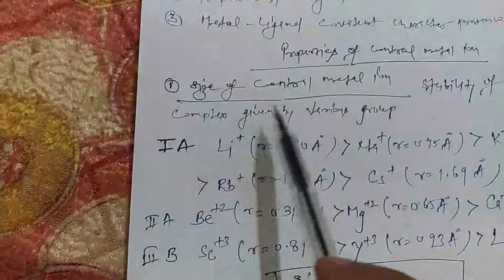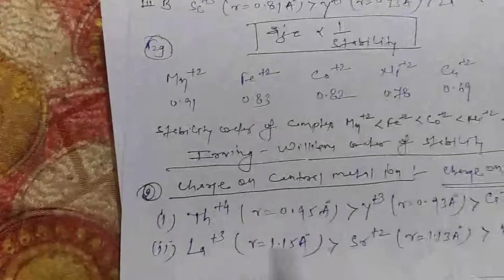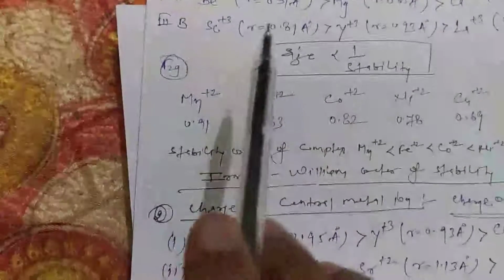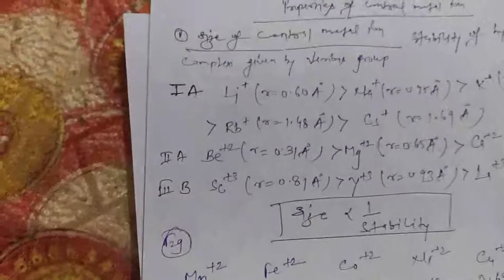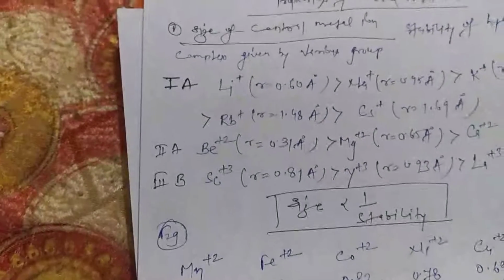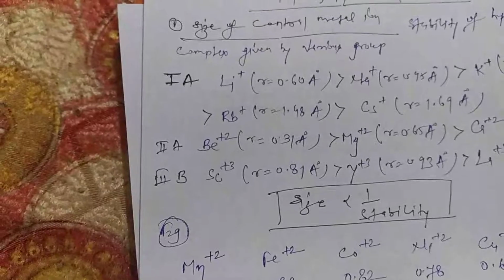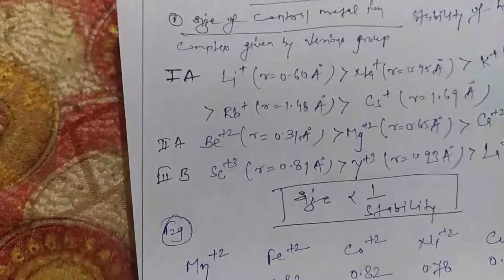So first, the size of the central metal ion, and second, the charge on the central metal ion. If we combine these two effects, collectively we can say that it is the ionic potential which decides the stability of the complex. Okay, how?